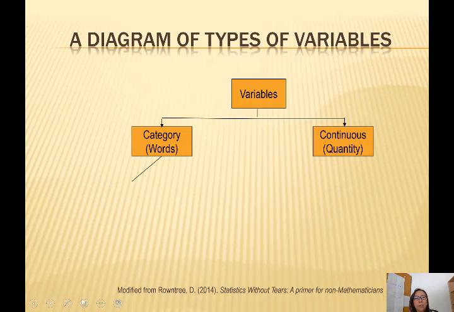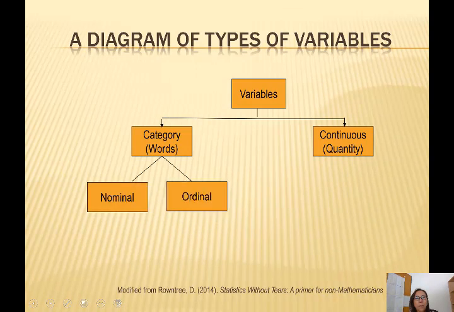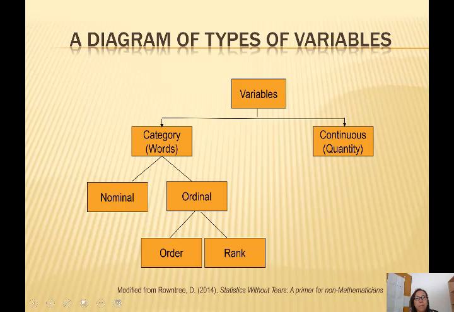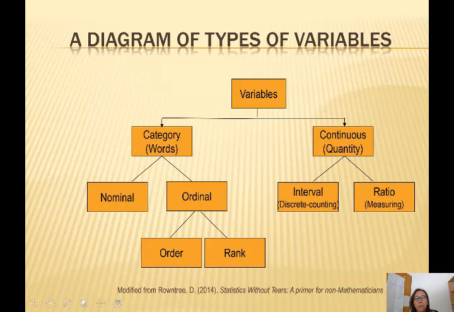More specifically, under categorical data, we're talking about nominal or ordinal types of data, and ordinal takes on an added feature of order or rank built into the categories. Then we have the continuous type that are more specifically interval or ratio.